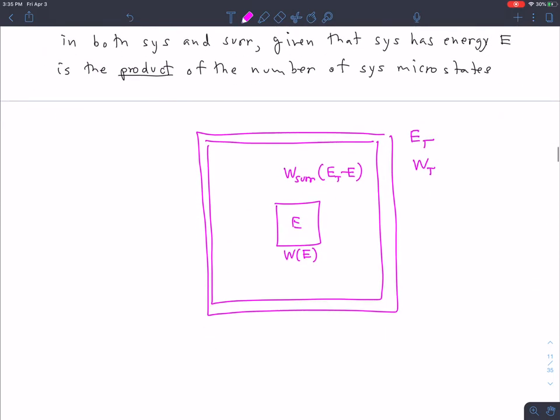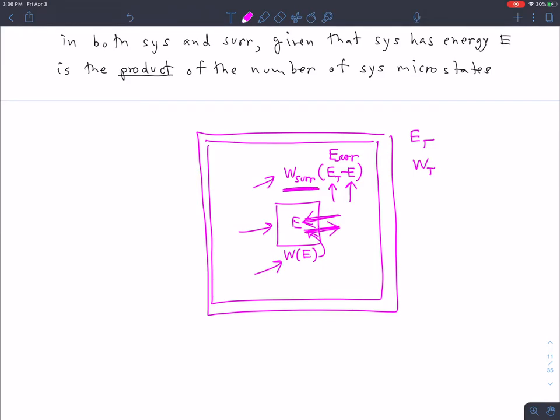All right. So the picture is this. We've got our system. It has energy E, and we're requiring that. There's a certain number of microstates associated with the system itself when it's got energy E, and we'll call that W of E. Out in the surroundings, though, there's also a certain number of microstates, and that number depends on the energy of the surroundings, and therefore, because the total energy is fixed, it depends on the amount of energy in E. Whenever we pull some energy in from the surroundings, we're changing the energy of the surroundings and therefore changing the number of microstates available to the surroundings.